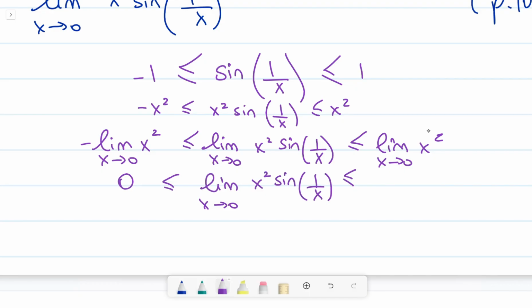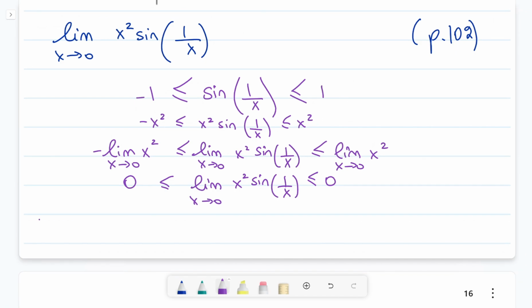And on the right, the limit of x squared as x approaches 0. If I plug in 0, this will also give us 0.